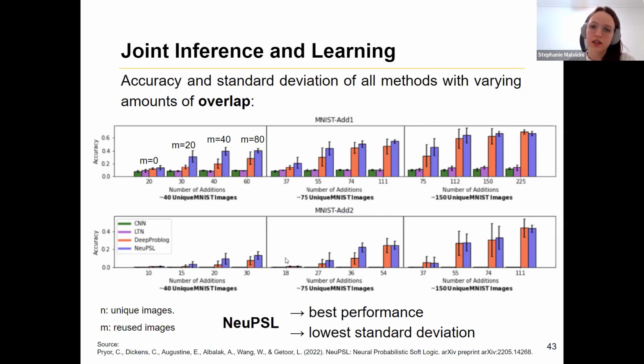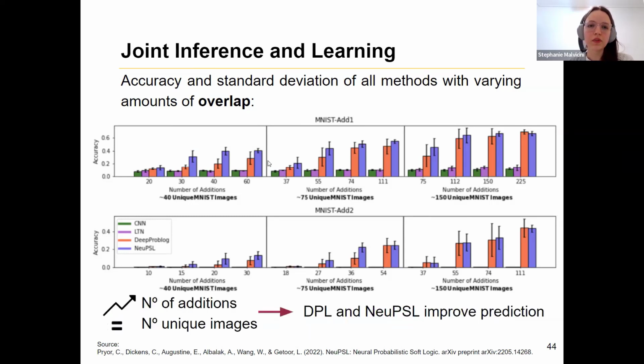And what we can see here is that NeuPSL again has almost in all cases the best performance, and it has lower standard deviation than PSL. We can also see that both ProbLog and NeuPSL benefit from taking advantage of the overlapping and the joint information. So they are getting better accuracy when the overlap increases.